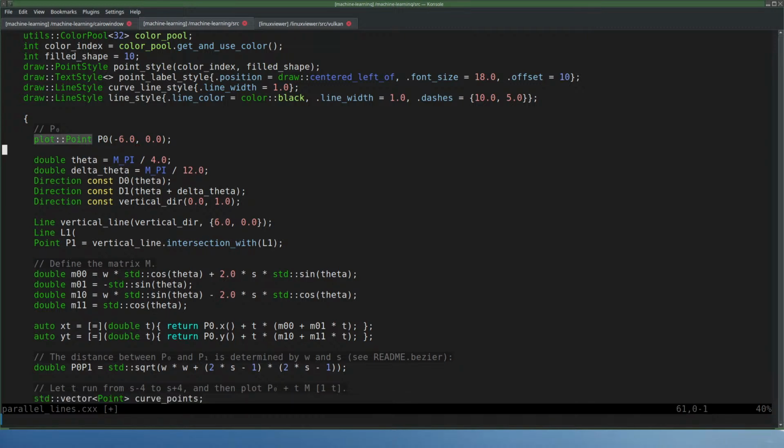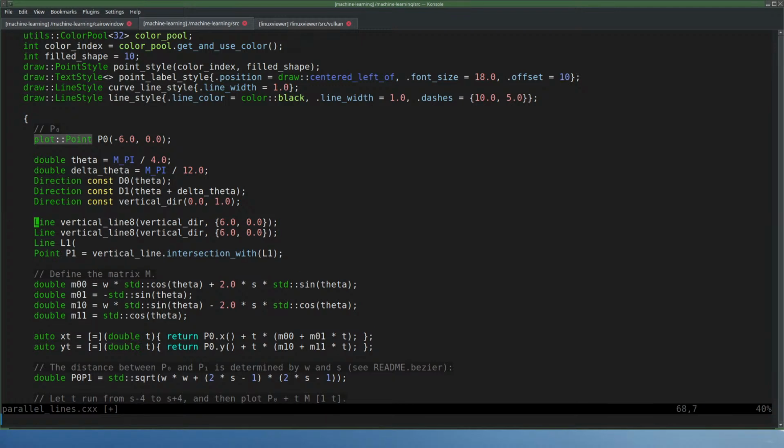I need another vertical line, I think. A vertical line at -8. So this is the vertical line at 6. I'll make a vertical line at -8. Wait, I said 6. 6, and this one is at -8.